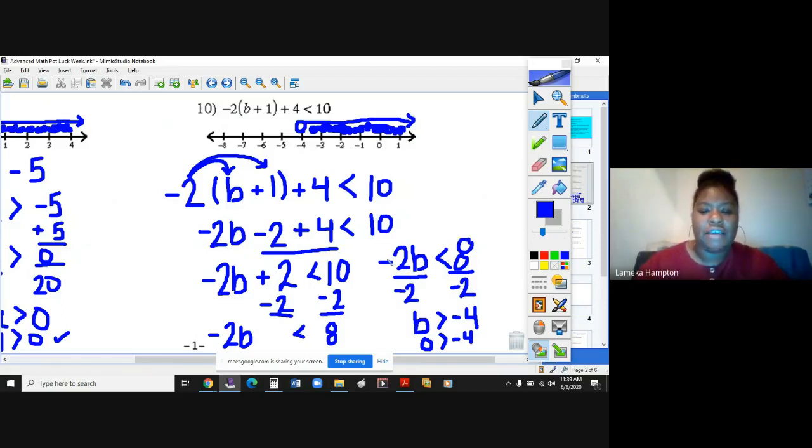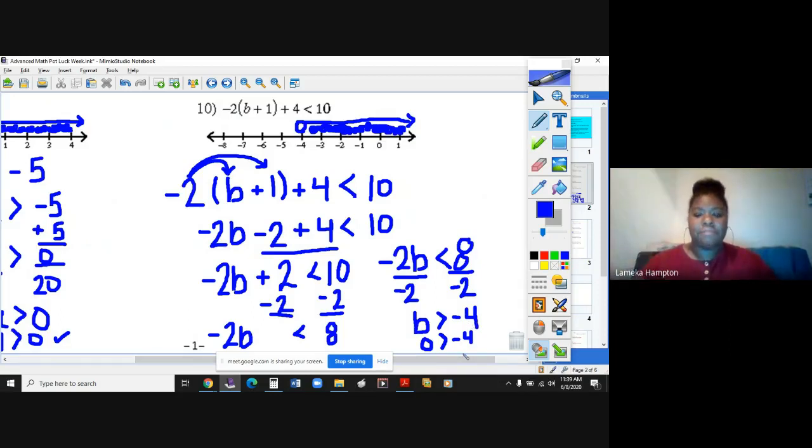So when I divide both sides by -2, I now have b by itself, and instead of less than, my sign has turned from less than to greater than. And that is going to be -4, because 8 divided by -2 is -4.